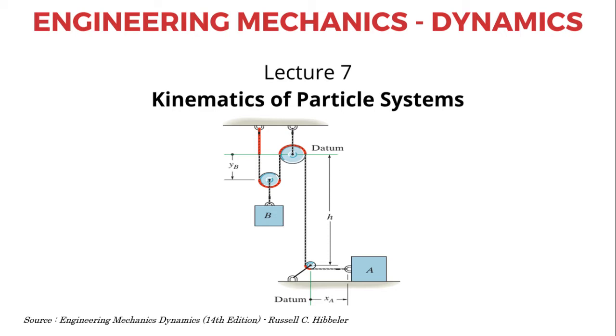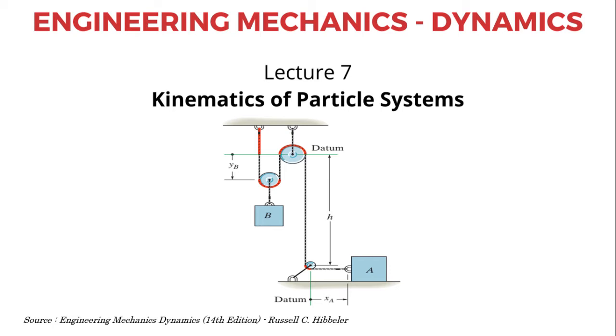Here the distance between the two datums is a constant value h. Looking closely, you can notice that the length of the chord also contains these red colored segments. These segments will be constant throughout the motion.